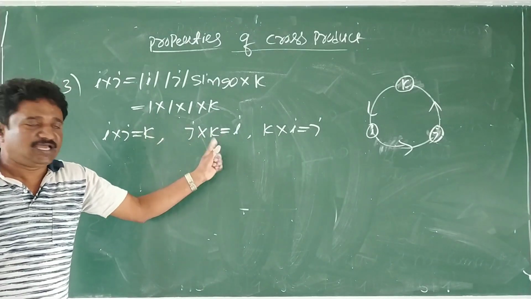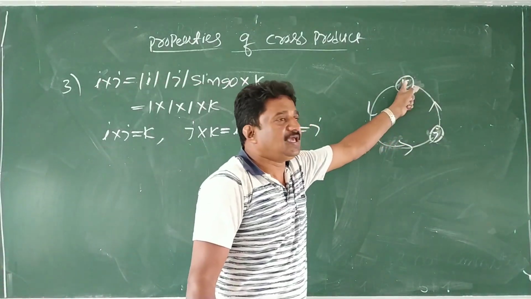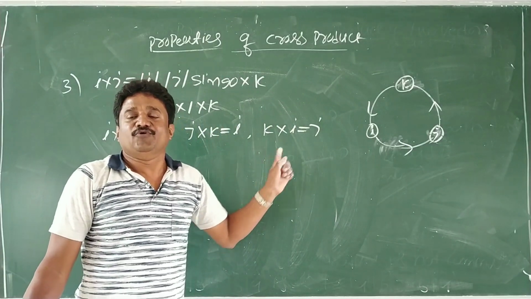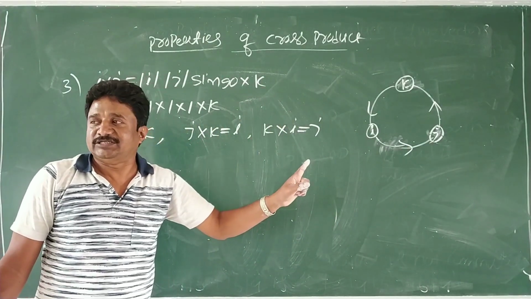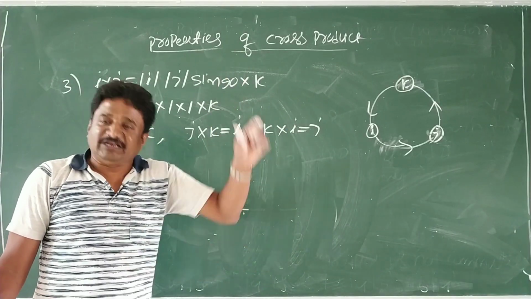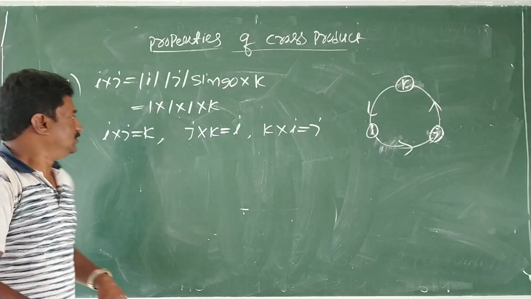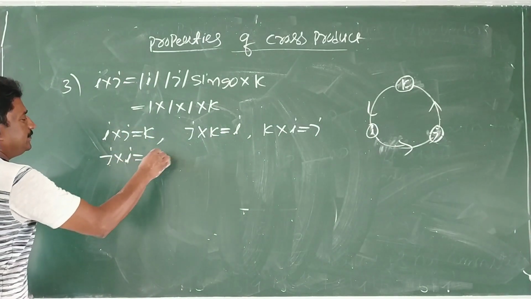I, J, J, K, K, I is cyclic order. For cyclic order, for the anti-clockwise direction, you use plus. If that anti-clockwise direction is reversed, use minus. So I cross J is K, J cross I is minus K.